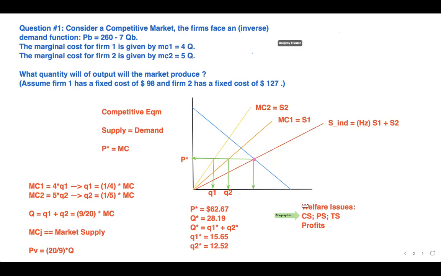And I will write down one of the profit formulas, the one that tends to be most useful for these types of problems, just in case you forget. And so remember that profit is going to be equal to total revenue, which you can calculate for each of the firms, right? Because it's just going to be the price times the quantity minus their total cost.